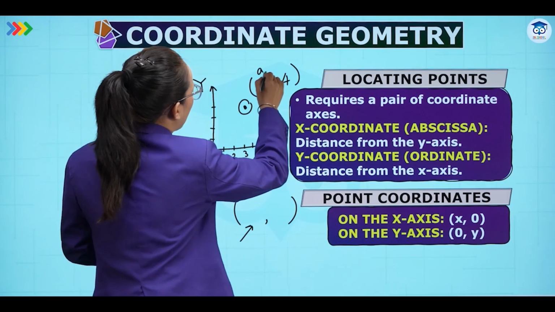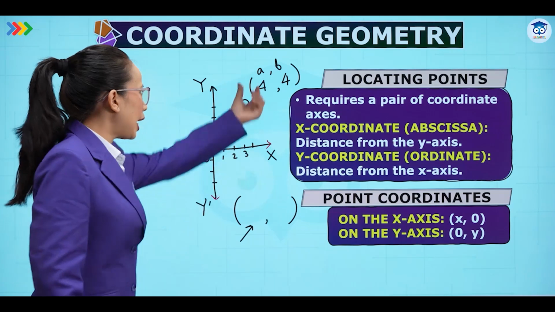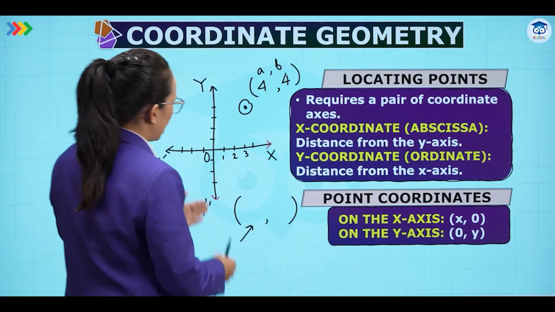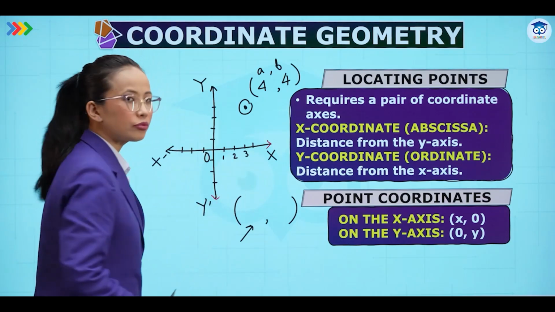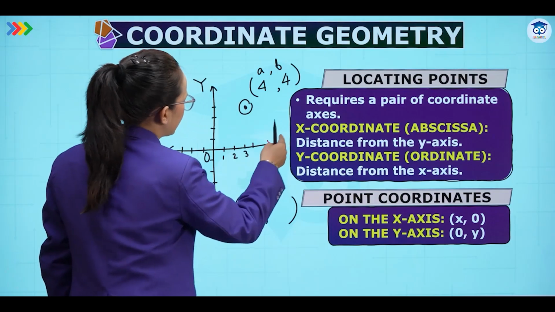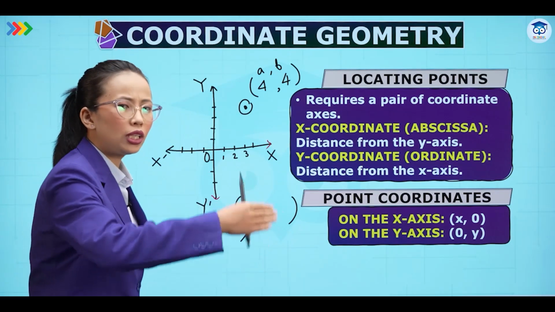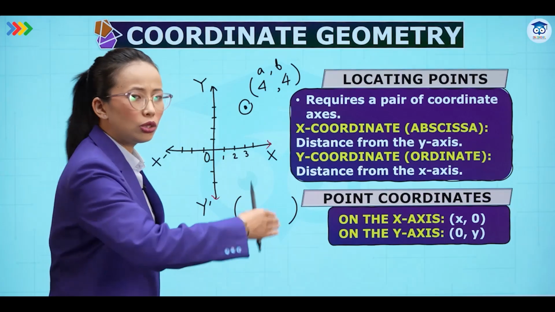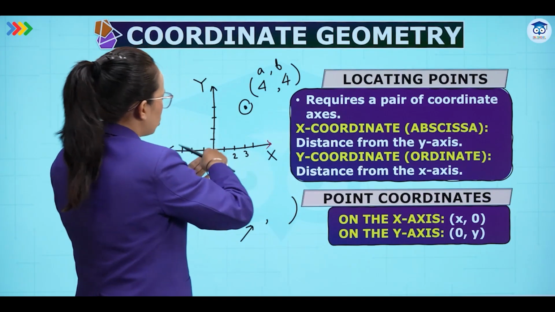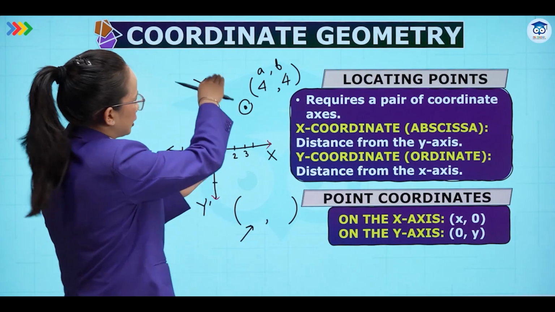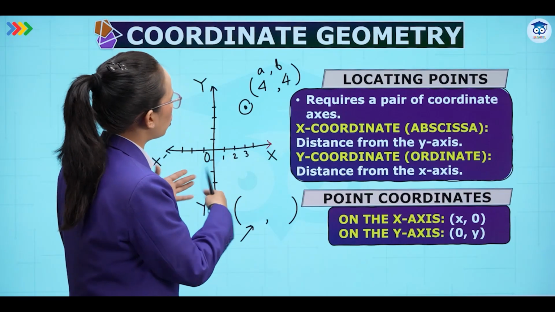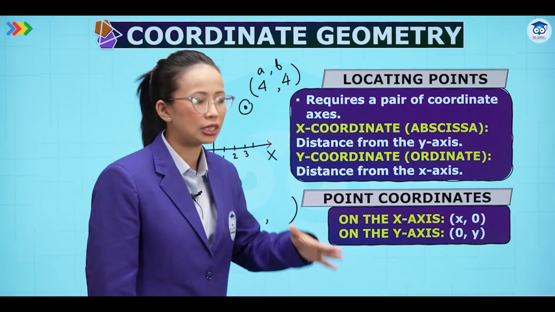If you have (A, B), this A represents how far the point is from the y-axis. Suppose the distance is A, so if it is 2, then distance 2, and if it is 3, then distance 3. Then we have B, which is how far the point is from the x-axis. This plotting and all we are going to learn in the coming slides.